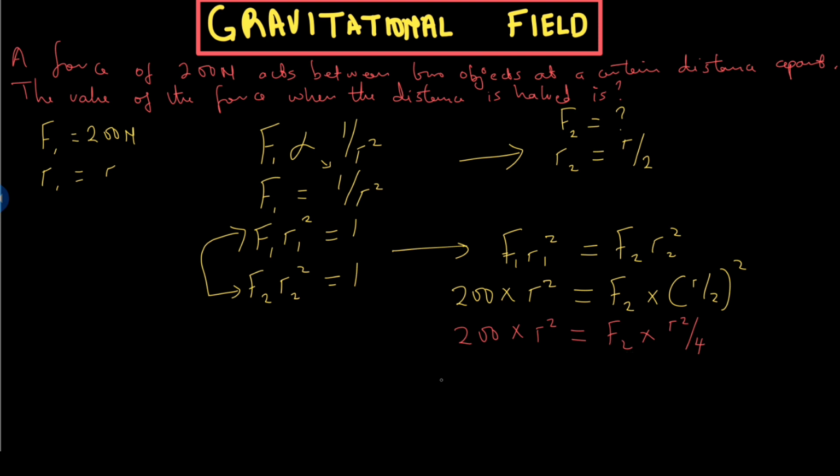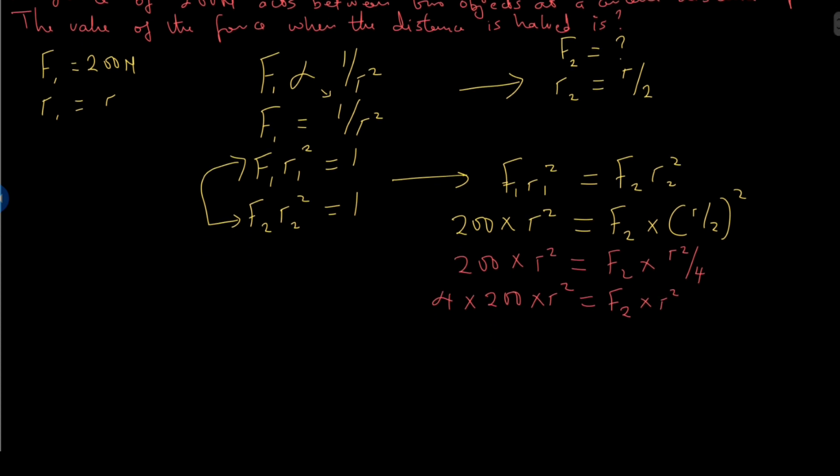Transferring the 4, that's 4 times 200 times R squared equals F2 times R squared. Divide both sides by R squared, and R squared cancels R squared.